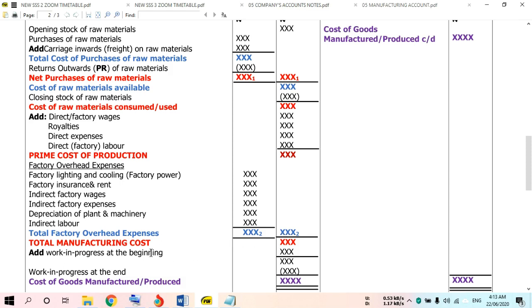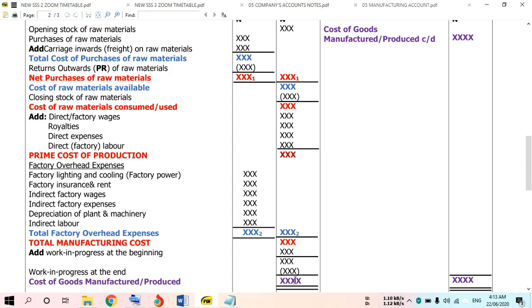Then add your work in progress at the beginning, or opening stock of work in progress, to the total manufacturing cost, and from there subtract your work in progress at the end, and you get your cost of production, or better still, cost of goods manufactured.